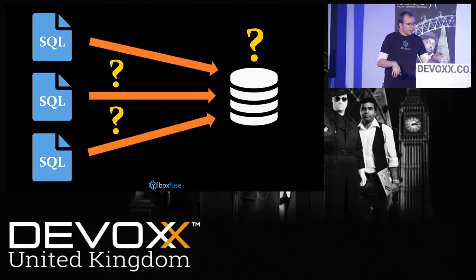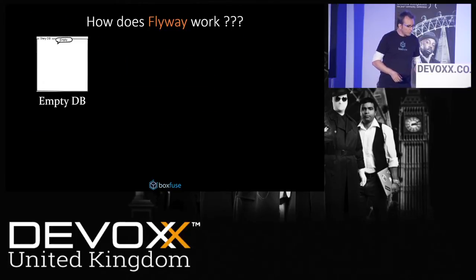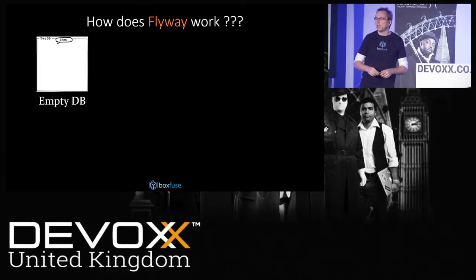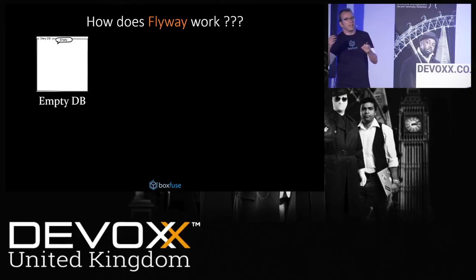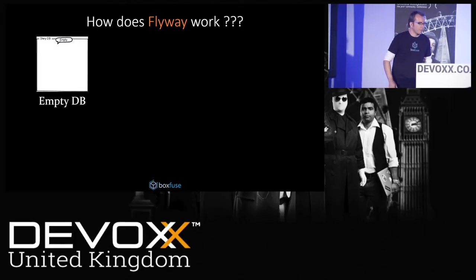So they are solving the question of what's already been run on my database by adding an extra bookkeeping table in the database. By default, it's called schema_version, and that basically keeps track of every single script that's been run, so that it's then later easy to query, and you can easily find out if scripts have already been run up to version 5 or version 7 or whatever has been run there.